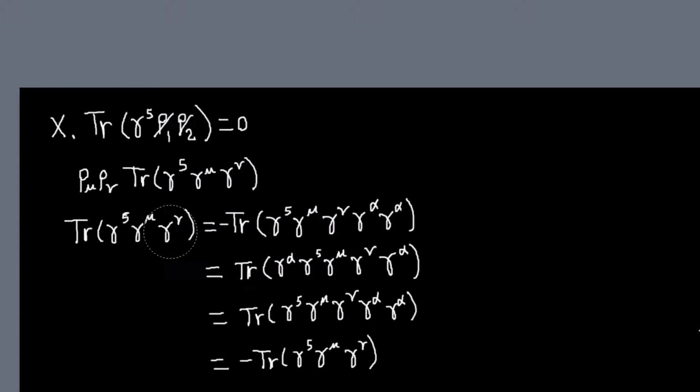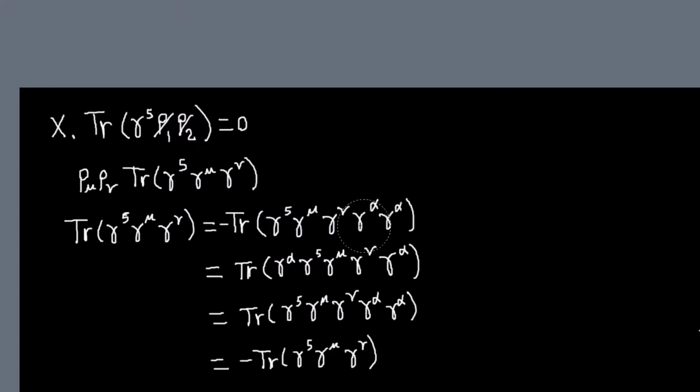So either we could have gamma 0 and gamma 1, or gamma 1 and gamma 3, but we'll never have all 4. So what we're going to do is introduce a minus gamma alpha gamma alpha, where gamma alpha is just whatever gamma matrix is not being used in this trace. For example, if it was gamma 1, gamma 2, we pick gamma alpha to be gamma 3, and so on.